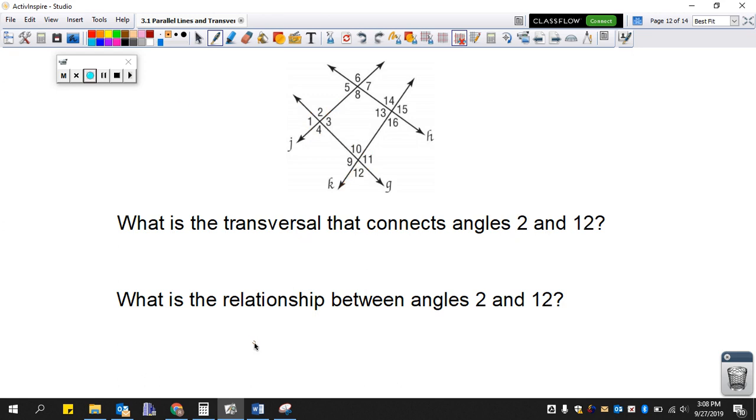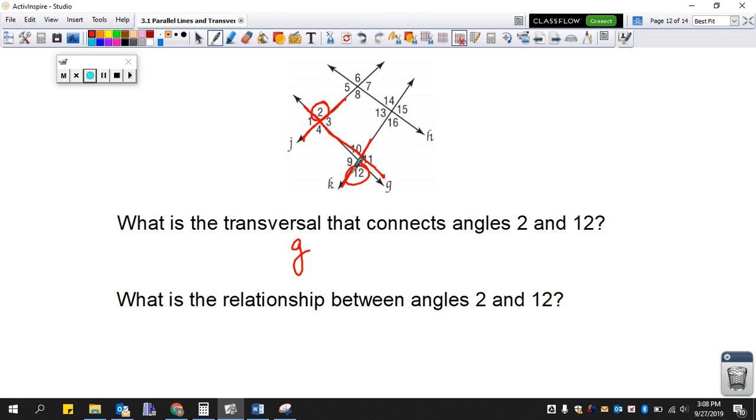What's the transversal that connects angles 2 and 12? Once again, we're talking about the same intersections. 2 goes with this line, 12 goes with this line, and the transversal is the same transversal we just used, G. And what's the relationship between 2 and 12?